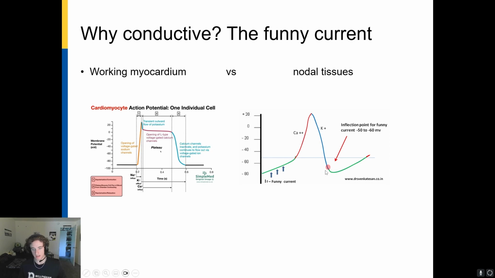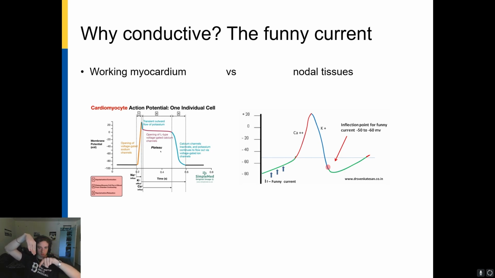So what that does is allow the cell to slowly depolarize. There's this phase of slow depolarization in the conductive cell, by itself. There isn't a stimulus; you just reach this point of repolarization where the cell gets to a low enough membrane potential and it opens up other channels.